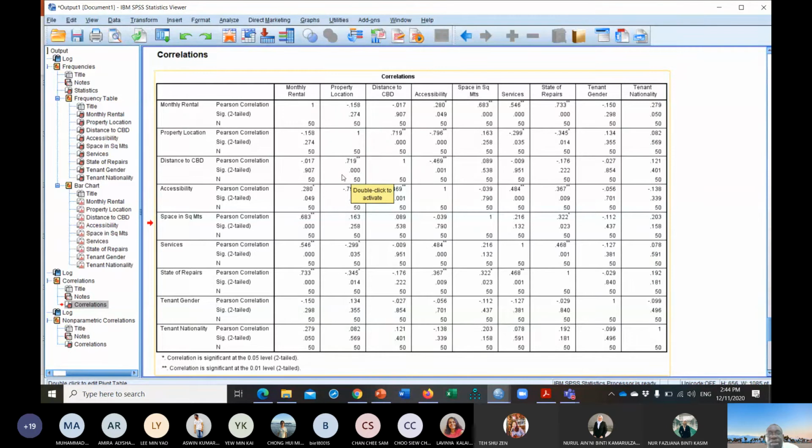Property location, we are talking about the neighborhood. Distance to CBD: the farther you are away from the CBD, the longer the distance of your location.